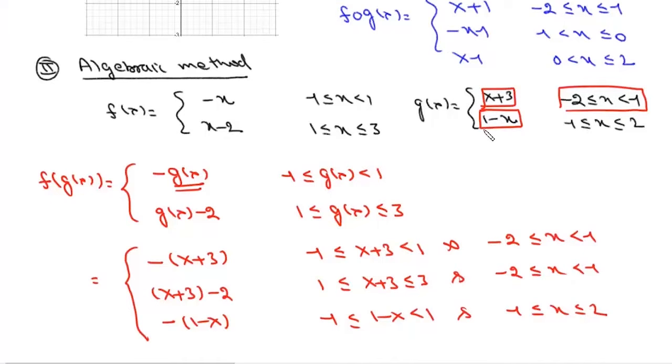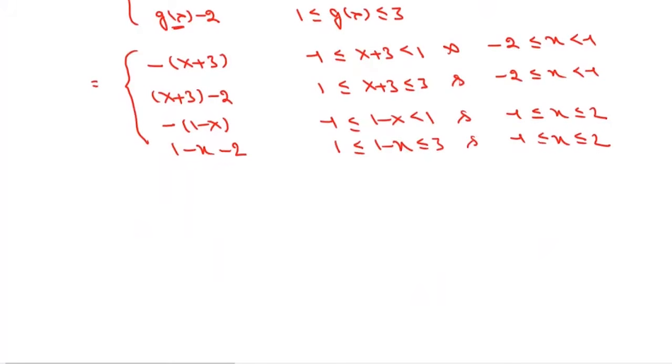And then this definition will go into the second part. So it will be 1 minus x minus 2 when 1 is less than 1 minus x is less than or equal to 3, and -1 is less than x is less than or equal to 2. Now in this, we'll first solve these intervals.